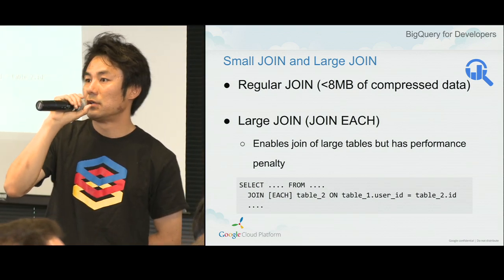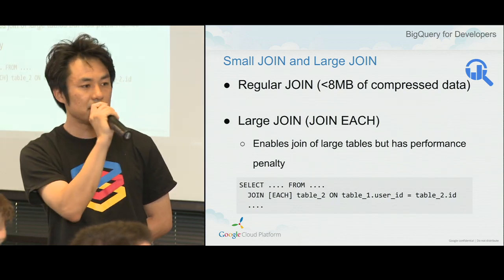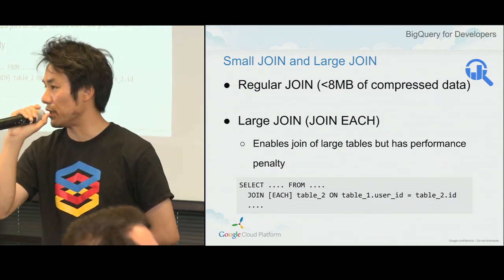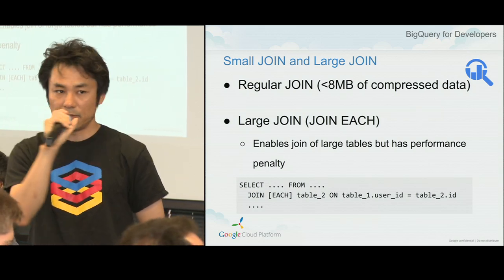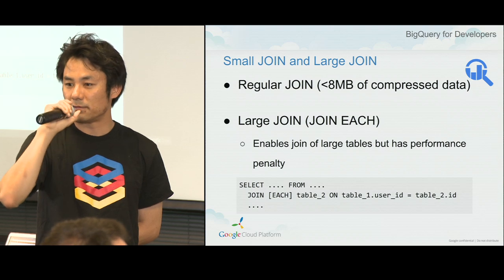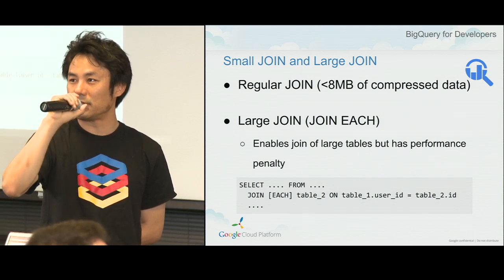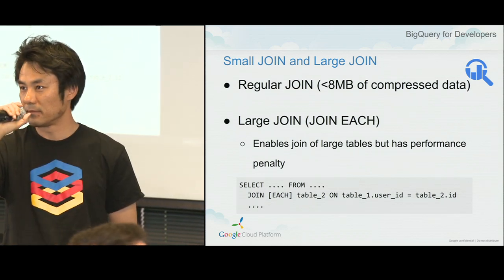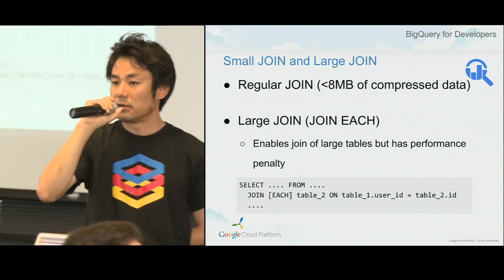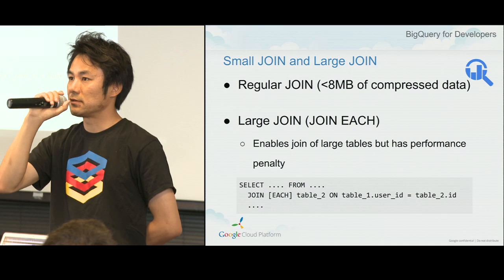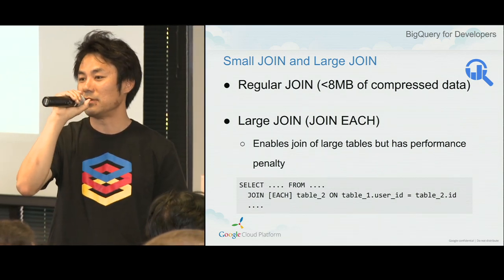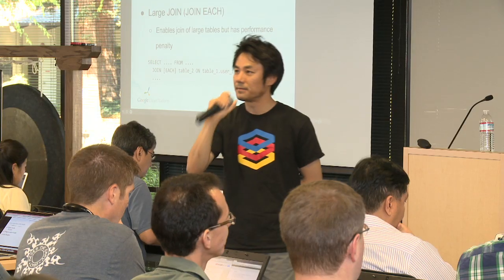So join. I mentioned it's a good idea to denormalize before you ingest data. But BigQuery still supports join. And somehow we have regular join and large join. Regular join means the table that's joined is less than 8 megabytes compressed. So usually it's maybe 40, 50 megabytes.